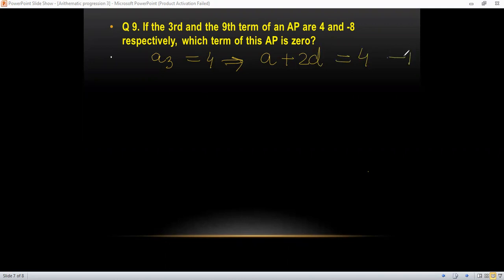First equation. And A9 is equal to minus 8. A plus 8D is equal to minus 8. This is the second equation.